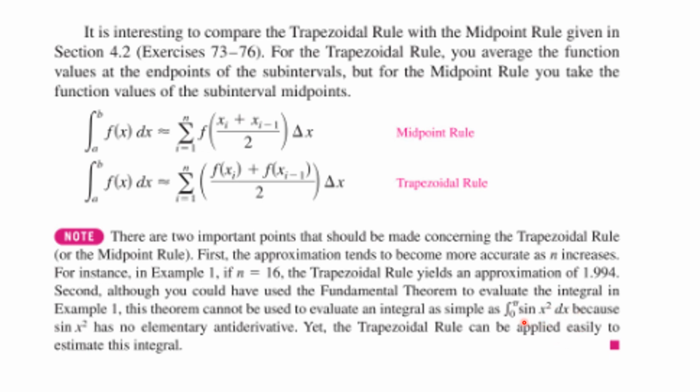Now, this is not sine squared of x, because what's getting squared here is the x, and you could put parentheses around the x squared, but math people really don't do that. And you might think, oh, I could do that by u-substitution, but try it. You can't. It won't work. So you have to use the trapezoidal rule. So the trapezoidal rule can be applied easily to estimate this integral to any degree of accuracy.